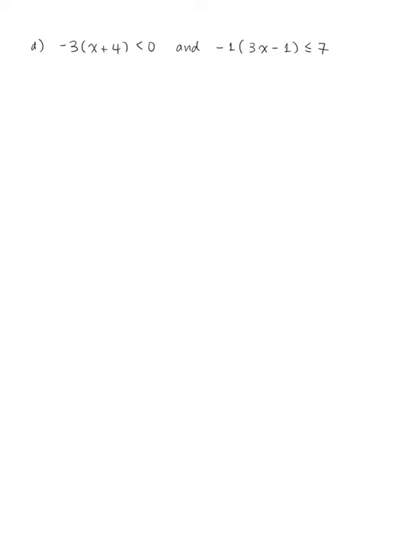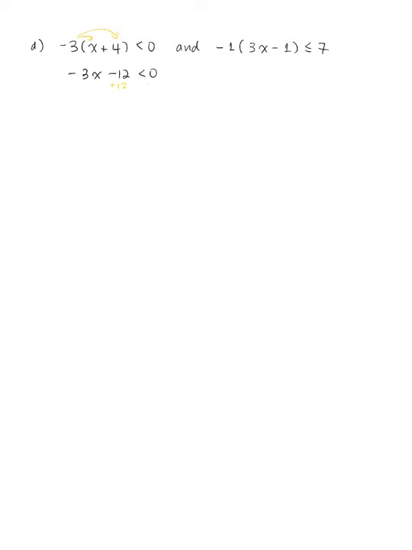Okay, now increasing the level of difficulty here. Let's look at part D. We're going to do the same thing. First, we need to solve for x. So first, I'm going to distribute the -3 to x and then +4. So here what we're going to get is -3x and then -12 is less than 0. Now what?